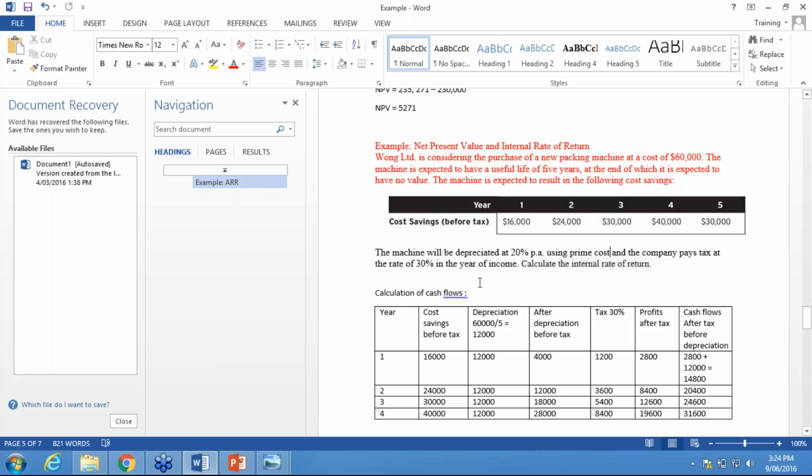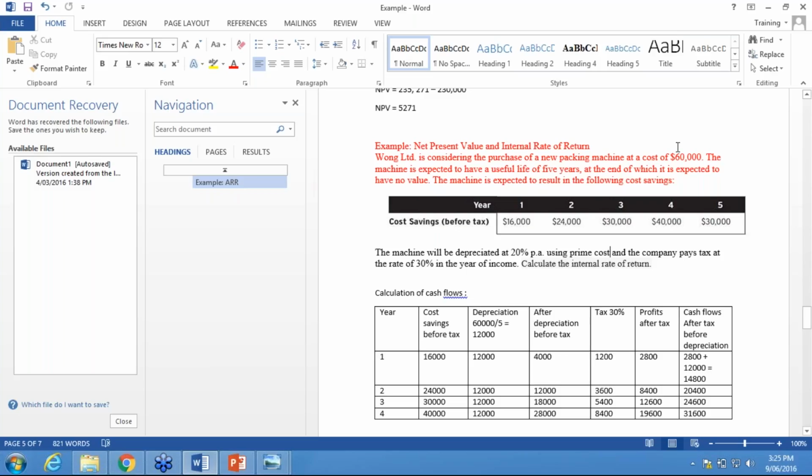First of all, I'm showing you how to calculate cash flows. We know that these are just savings: 16, 24, 30, 40,000. First of all, we need to subtract depreciation. And there are so many methods to calculate depreciation. If no information is given in the question, you can use the straight line method or prime cost. It's one and the same method.